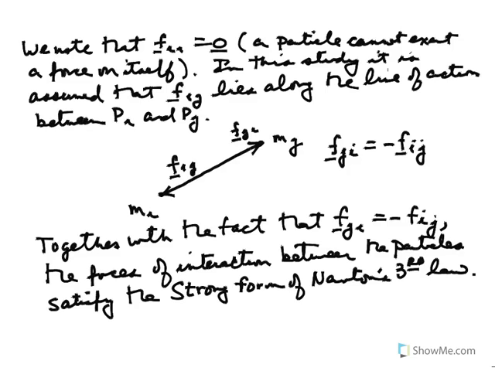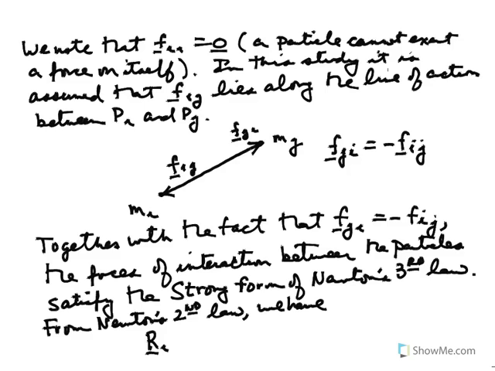Now, once we have that, we have the setup for the remainder of this discussion. So then, from Newton's second law, we have that the resultant force acting on particle i has to equal the mass of i times the acceleration of i in the inertial frame.